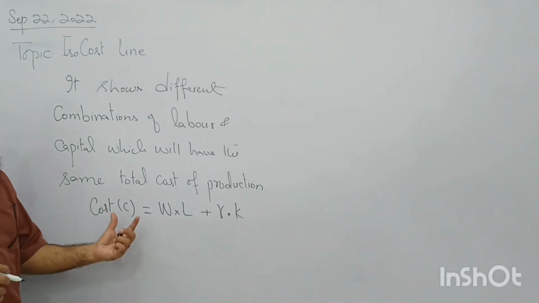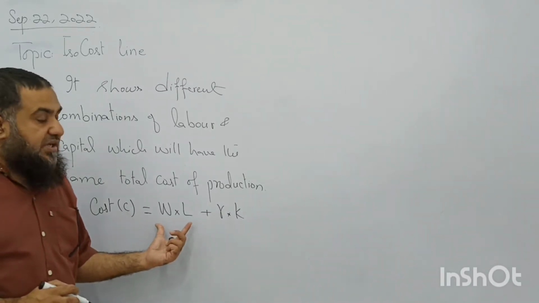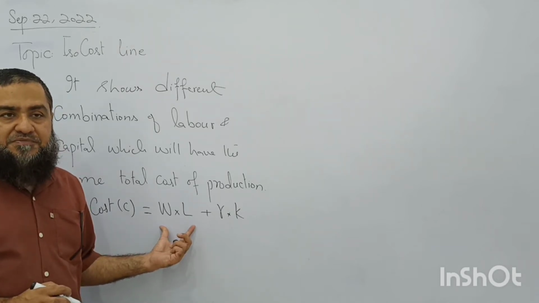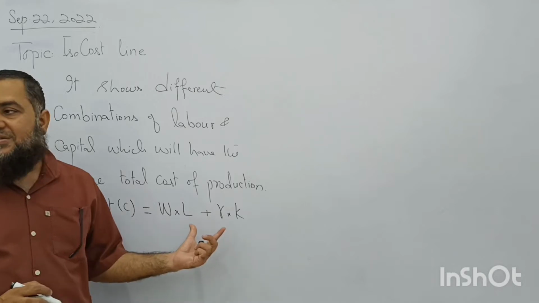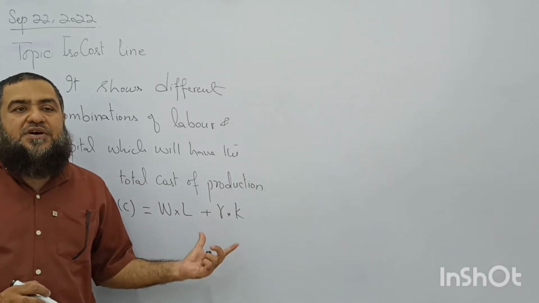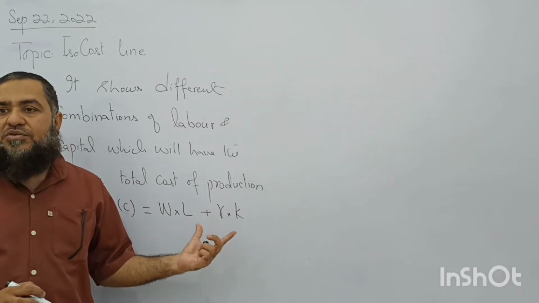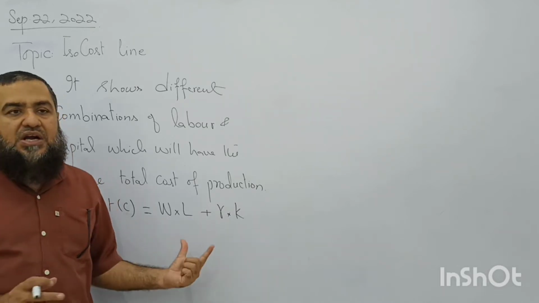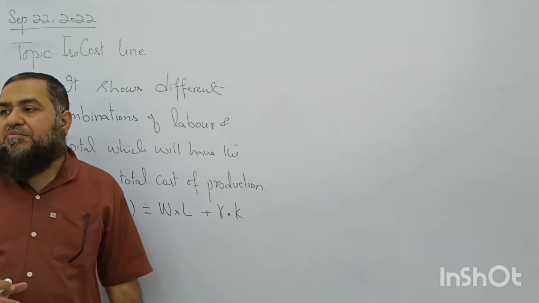So the total cost equation is the expenditure on workers, which is called the wage bill of the producer, plus how much interest this firm has to bear in order to employ the capital in the production process. This is called the cost equation of the producer.